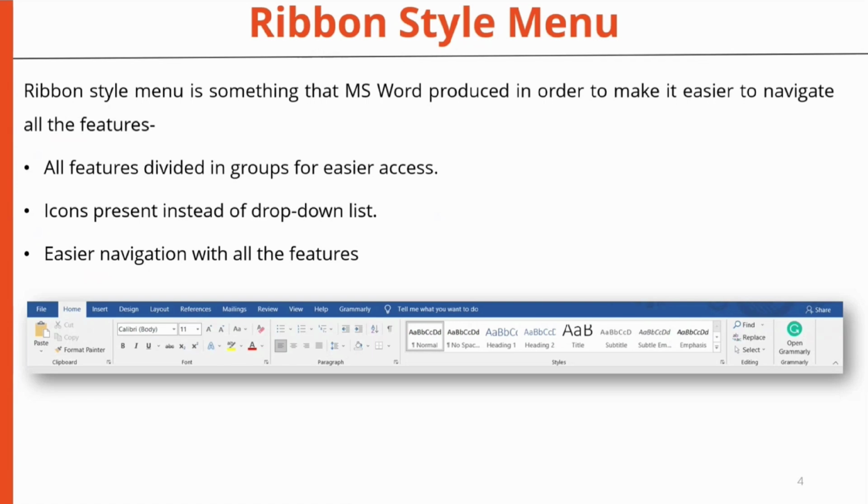Yes, so all the features that are available, let's say, for example, in terms of font. It's not just the font style and the size that you would want. You can also make it bold or italicize or underline it or strike through it if you want to. You can also use the superscript and subscript in case you're adding some small words or numbers to it.